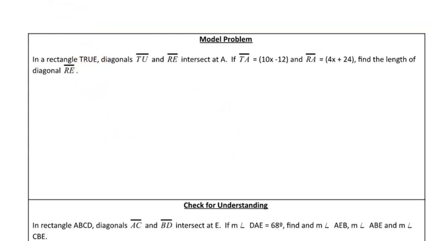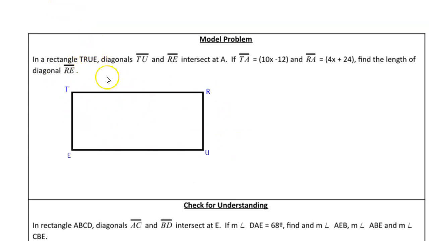So TRUE is going to look a little like this. You can see that this is rectangle TRUE, and the letters are named sequentially around the shape. TU is a diagonal, and RE is a diagonal, and they intersect at A. So we drew the two diagonals, and that intersection point we indicated as point A.